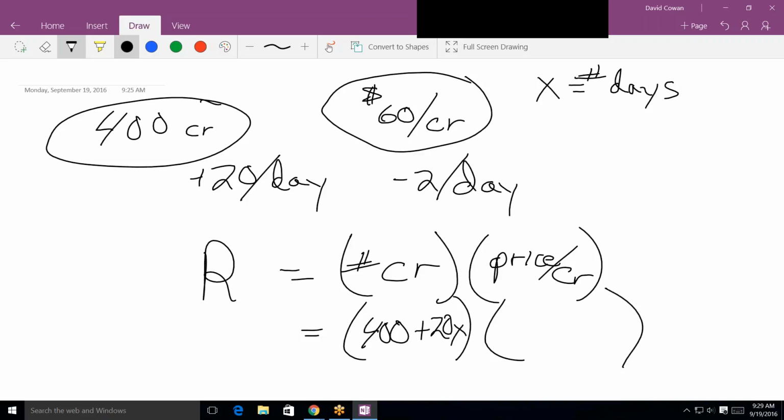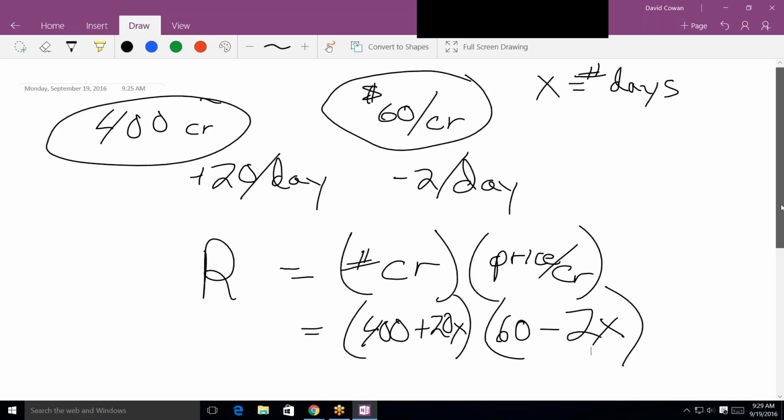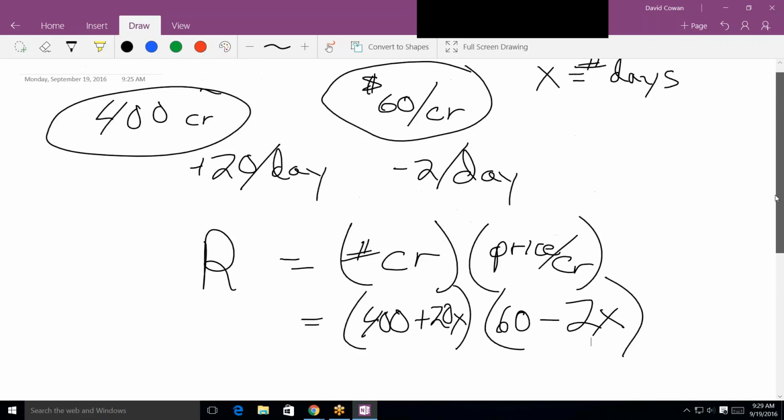That is going to be, present price is 60 and will drop to 60 minus 2x. Correct. Okay. Now, they want to find out when you should sell.